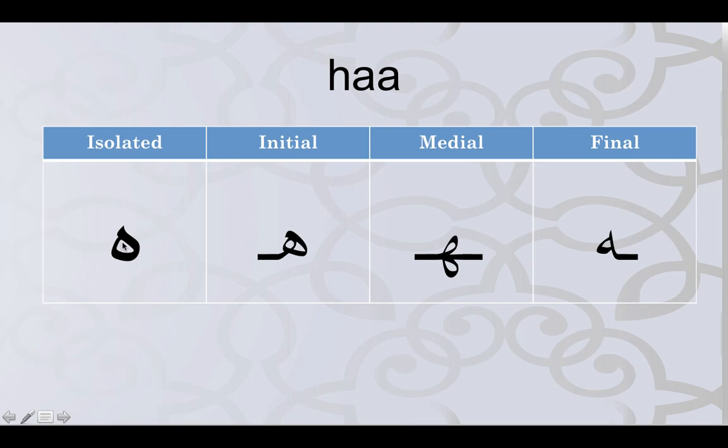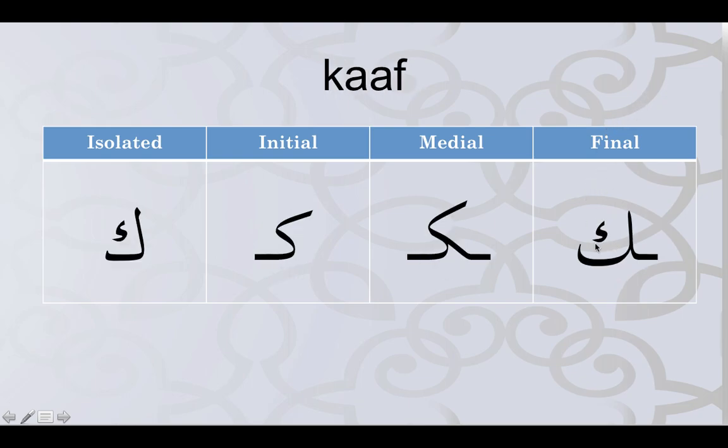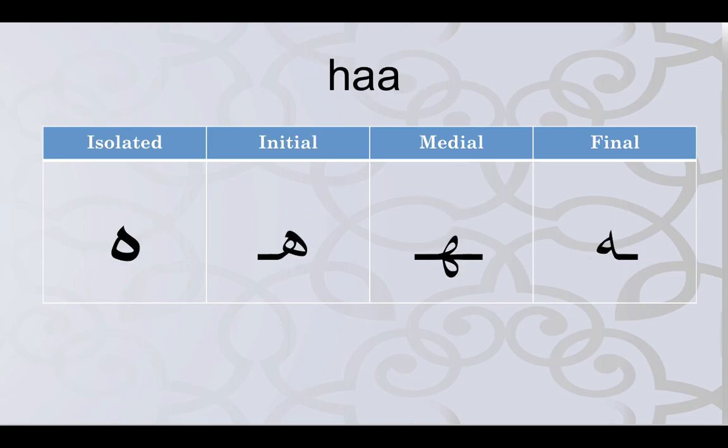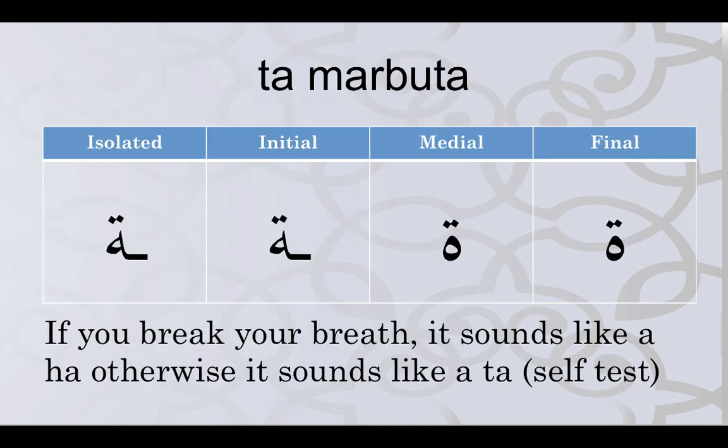It's written very similar to the isolated and the final forms of the letter ha. This is known as, let's go back. Where did you go? Oh, I'm going backward. Sorry. This is the isolated form of the ta marbuta, the initial form of the ta marbuta, the medial form of the ta marbuta, and the final form of the ta marbuta.